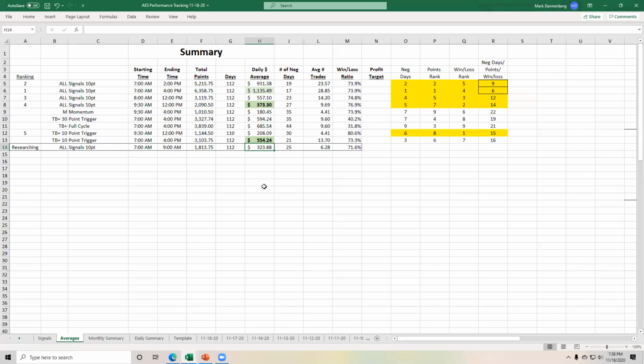Your average daily profit per contract based on 112 trading days is $323.88. There have been 25 losing days in the 112 days. You're going to average just over 6 trades, and it's got about a 71.6% win-loss ratio.